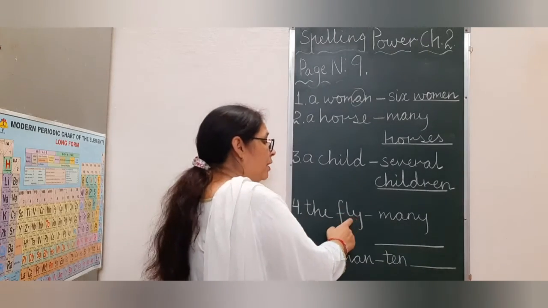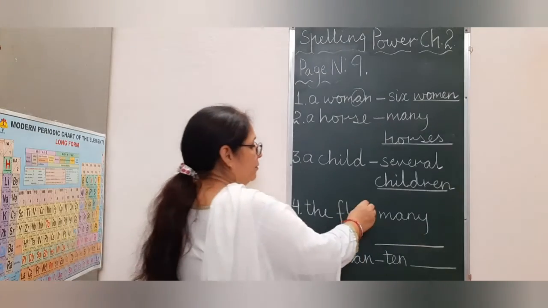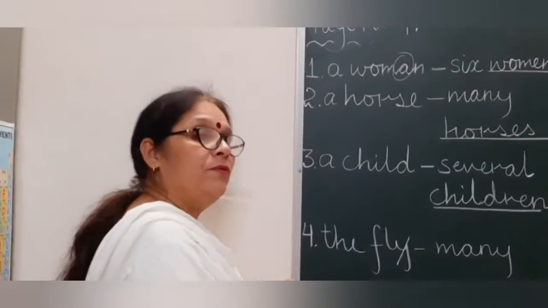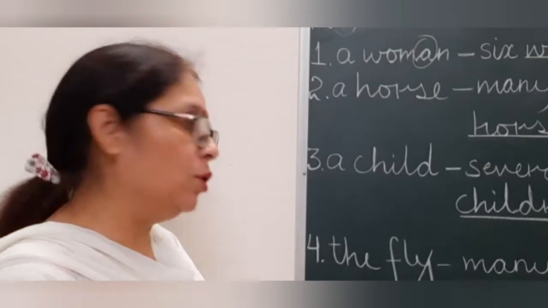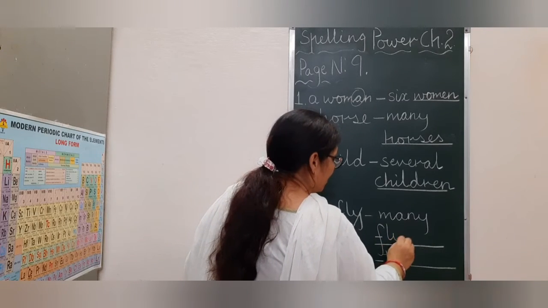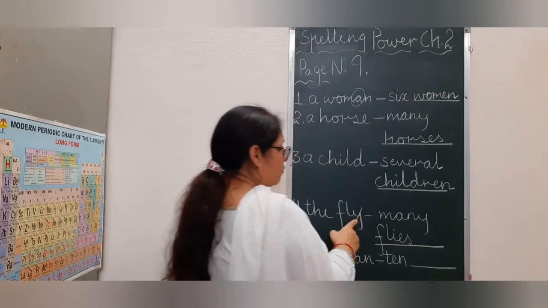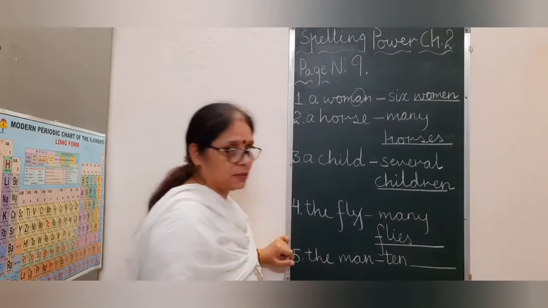So here we are having consonant before y. So this y will be removed and we will add ies to form the plural of this noun fly. Flies. F-L-I-E-S. Y has been removed and we have added I-E-S.